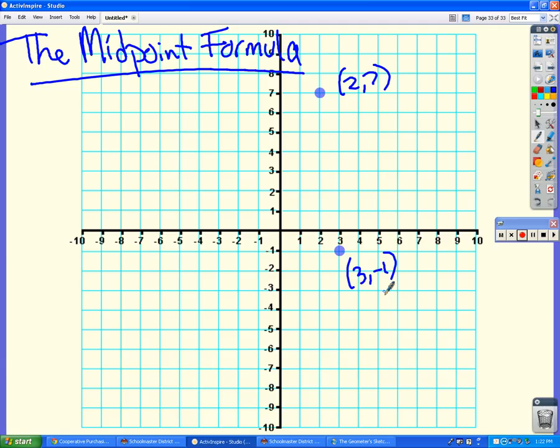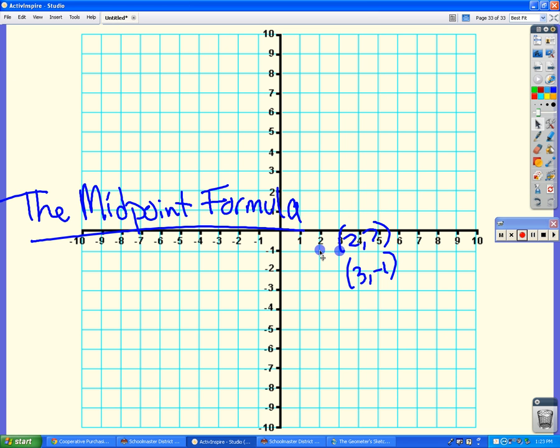Anybody have any idea how we could do that using a little bit of algebra, a little numbers? Nobody? All right, let's say that instead of the points being there and there, let's say these points were right next to each other. Okay?